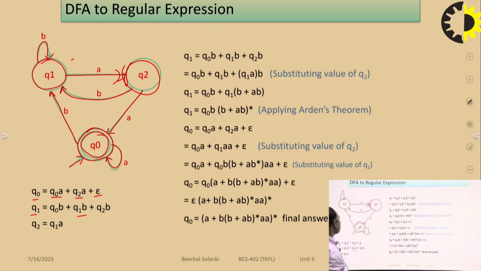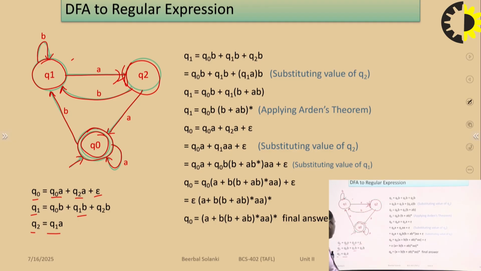Now write the equation for the Q2 state. We can reach the Q2 state only if we give the input A at the state Q1. So Q2 equals Q1 dot A.